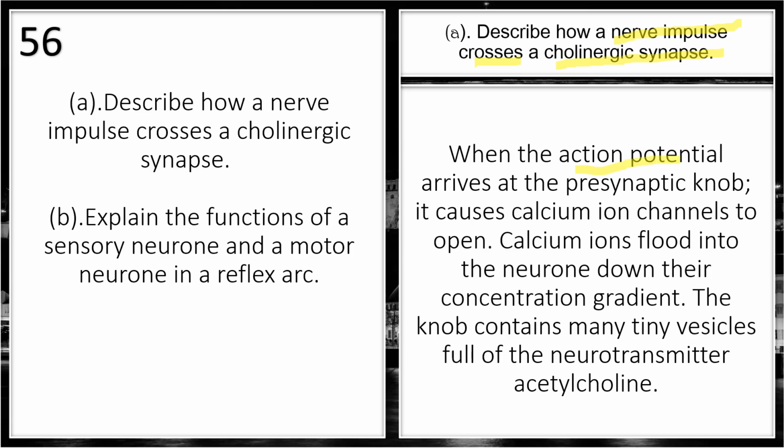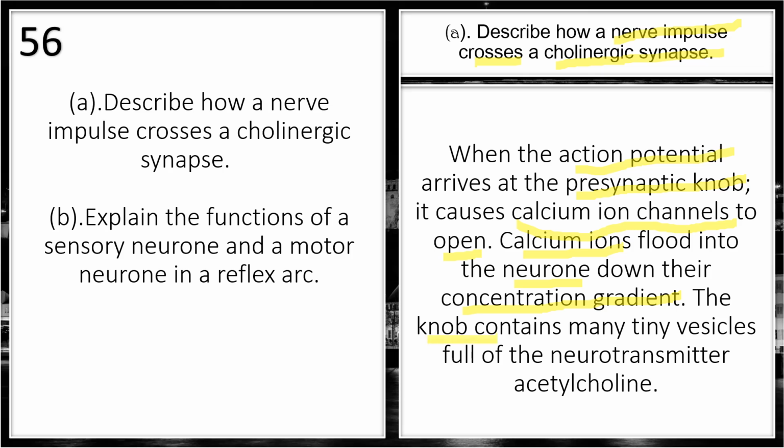When the action potential arrives at the presynaptic knob, it causes the calcium ion channels to open. The calcium ions flood into the neuron down their concentration gradient.